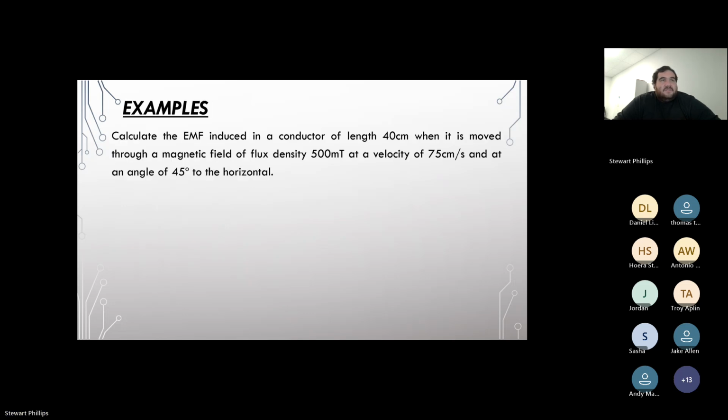So the EMF induced in a conductor length of 40 centimeters, which would be 0.4 meters, when it is moved through a magnetic field flux density of 500 milliteslas, or 0.5 teslas, at a velocity of 75 centimeters per second, or 0.75 meters per second, at an angle of sine 45 to the horizontal. What is the induced EMF in that? I'll give you guys a little bit to try and grab that.